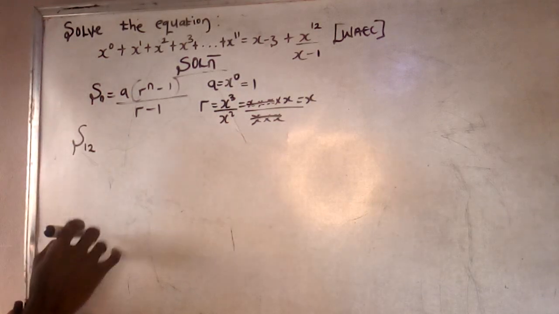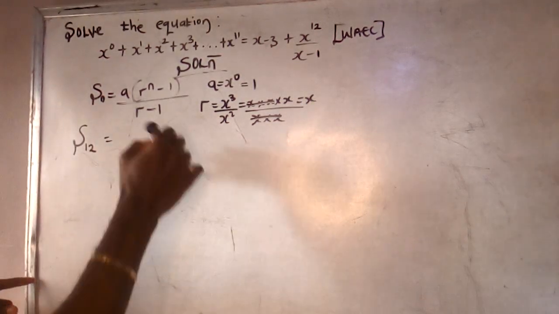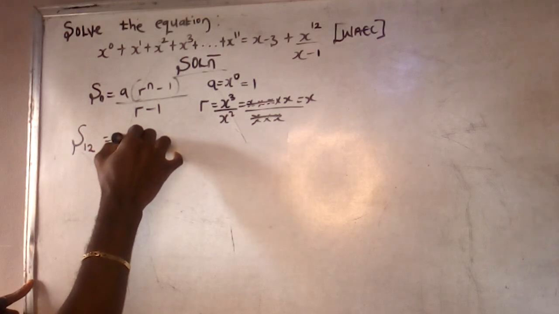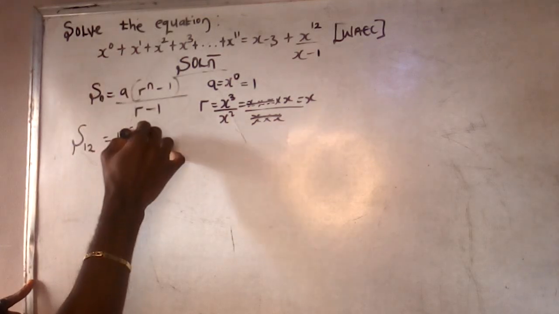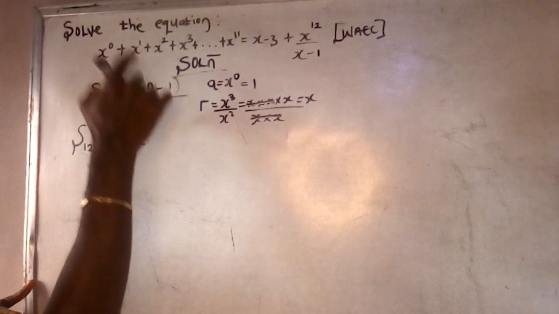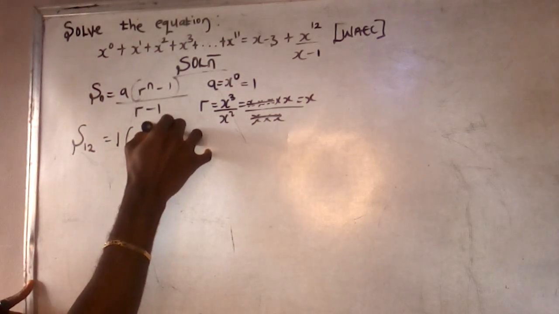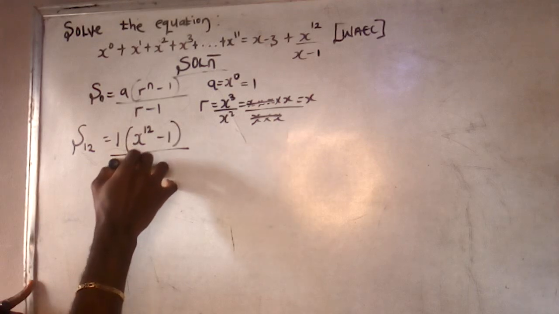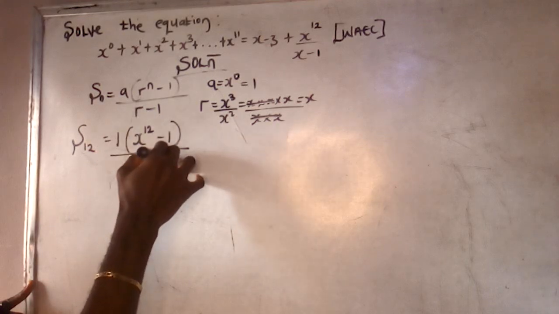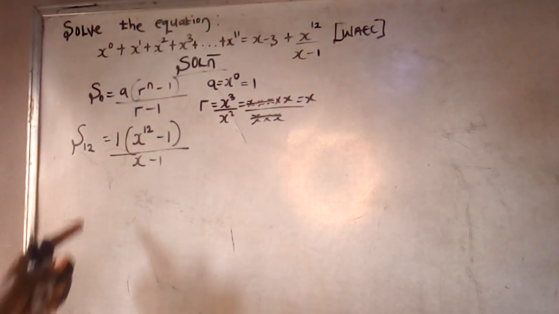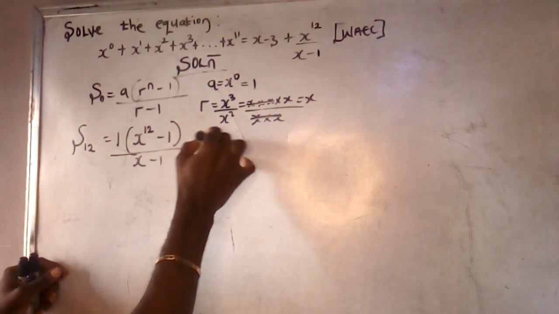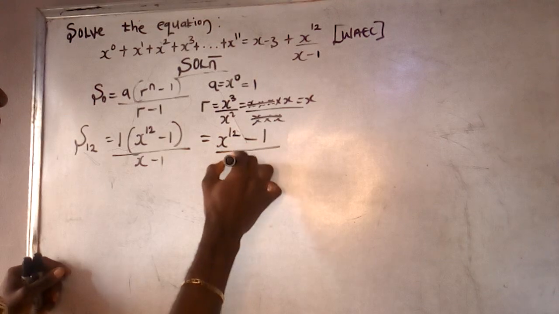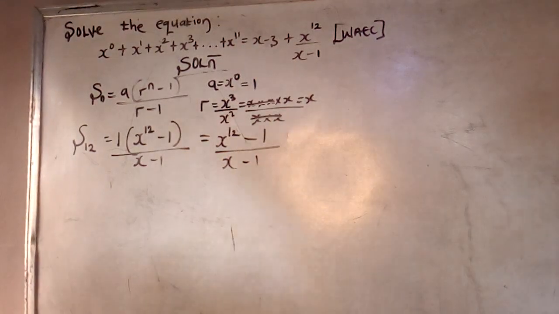S12, because my n is 12, is equal to 1 into r is what? r is x, and my n is 12, minus 1, divided by r, which becomes my x, minus 1. So if I want to check, 1 times this remains this. That is x raised to the power 12 minus 1 divided by x minus 1.